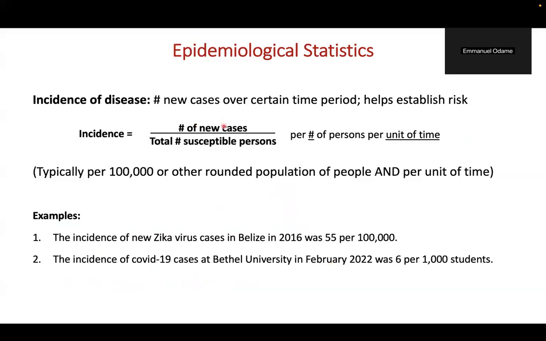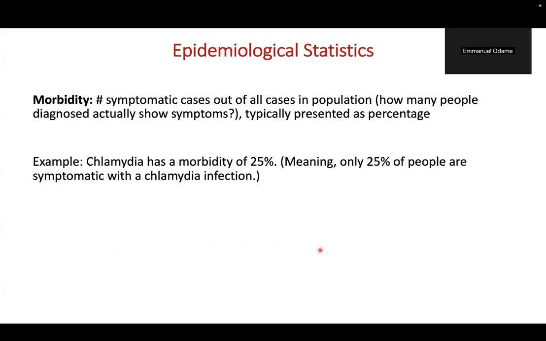So you have the number of new cases over the total number of susceptible persons. It can be reported as, the incidence of new Zika virus cases in Belize in 2016 was 55 per 1,000 people. So you just take the new cases and divide by the number of susceptible persons.